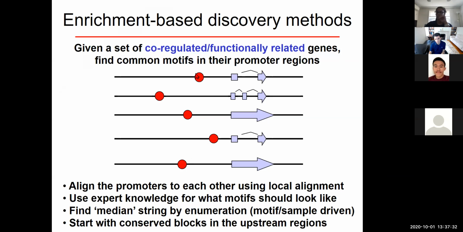Just like for ABF1, if I have the exact start and end position for all of them, I just put them on top of each other, and I simply count the presence of each nucleotide. Everybody with me on this one? The converse of that is, if I knew the motif, I could simply scan each of the sequences to find the occurrences of that motif.